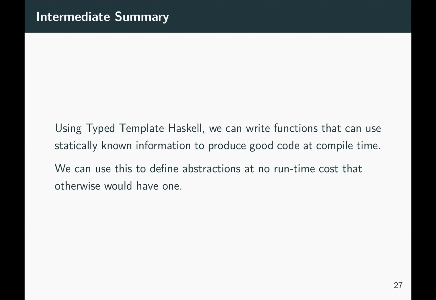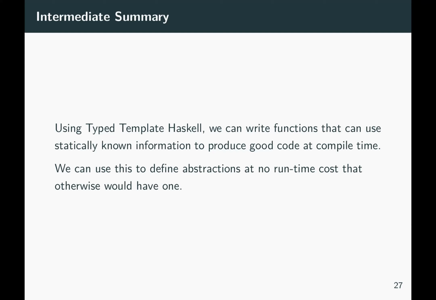So you can freely use them without having to worry about performance. But there are other abstractions that do come with a runtime cost. For example, I think monad transformers are quite infamous for that. So certain monad transformers can make the code much slower than if you hadn't used them and had written the monad by hand.